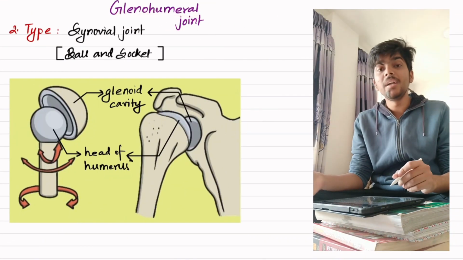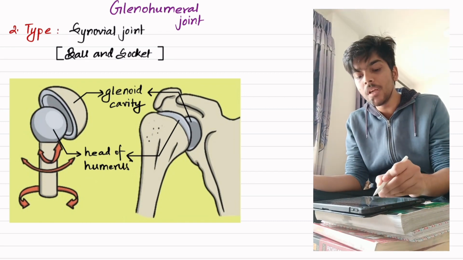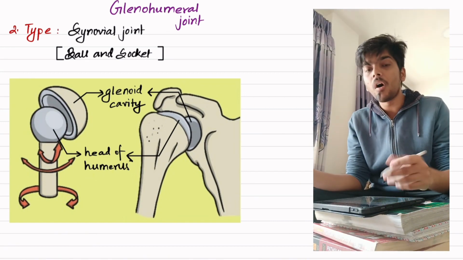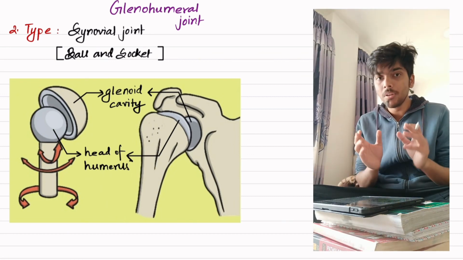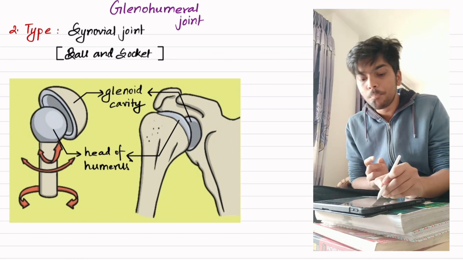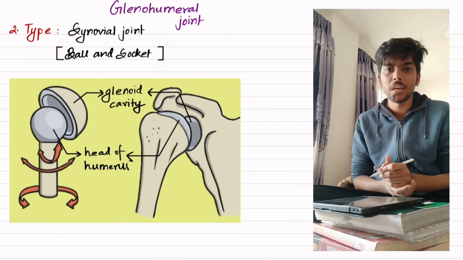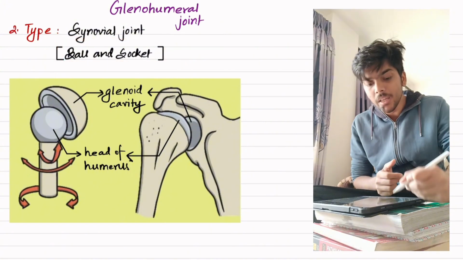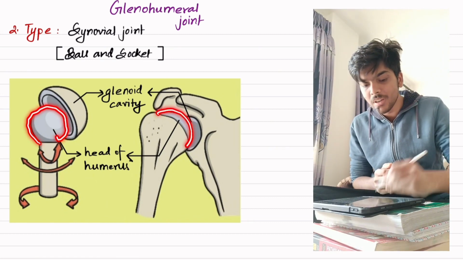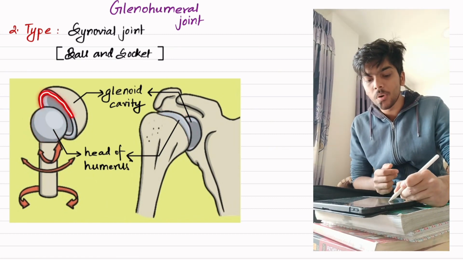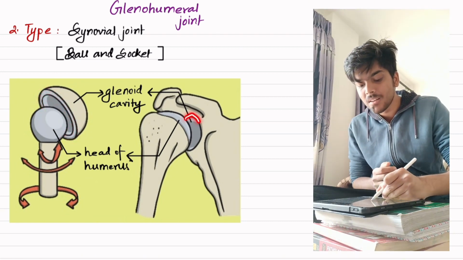Glenohumeral joint. It is a type of synovial joint. And under synovial joint, you have various types of synovial joints. Among them, it is a ball and socket type of synovial joint. So basically, you have a ball-like structure that is lodged into a socket-like structure.